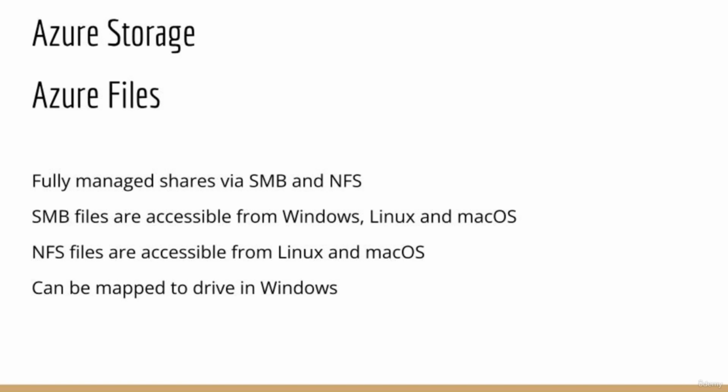Azure Files file shares can be mounted concurrently by cloud or on-premises deployments. SMB Azure file shares are accessible from Windows, Linux, and Mac OS clients, while NFS Azure file shares are only accessible from Linux and Mac OS clients. Additionally, SMB Azure file shares can be cached on Windows servers with Azure File Sync for fast access near where the data is being used.